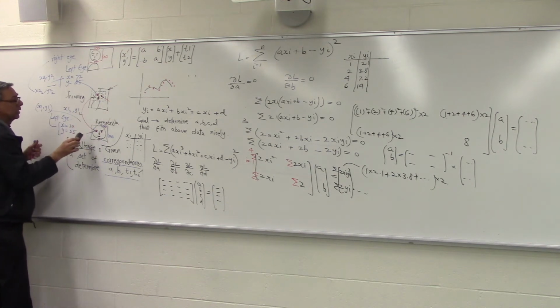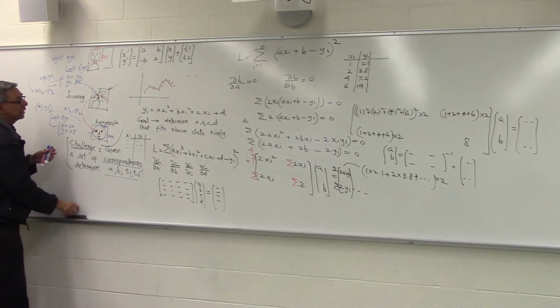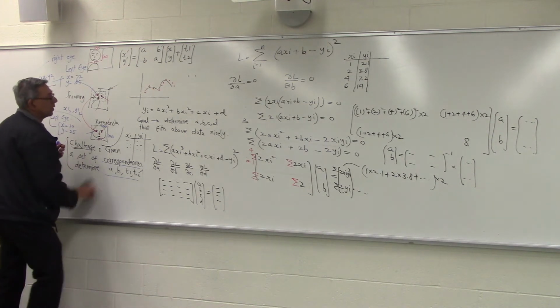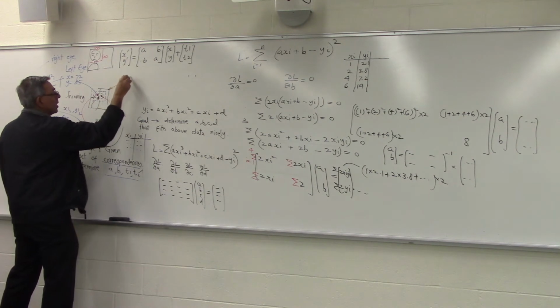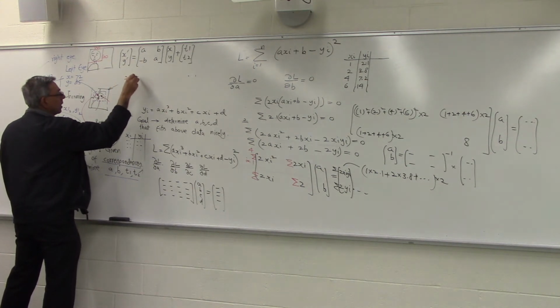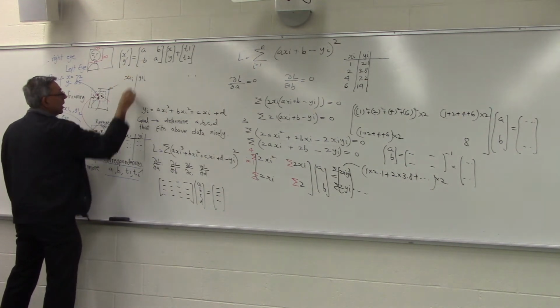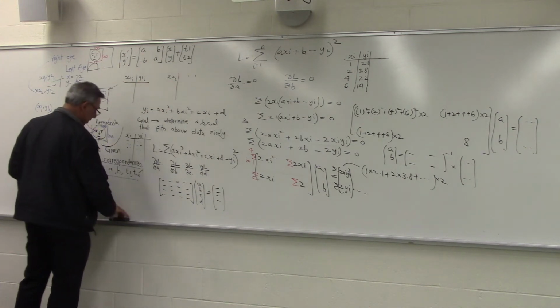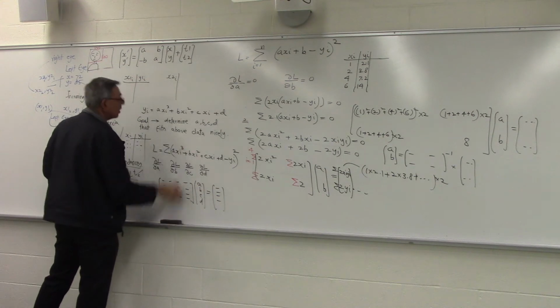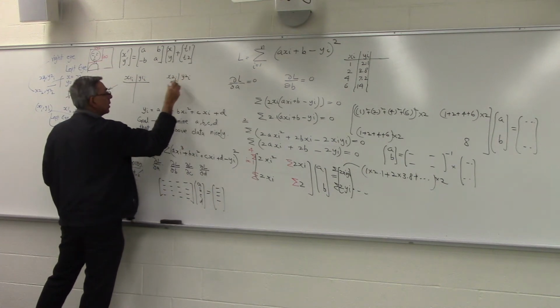We are given correspondences. So we are given basically the location of two sets of data: x1 of i, y1 of i, x2 of i, y2 of i.